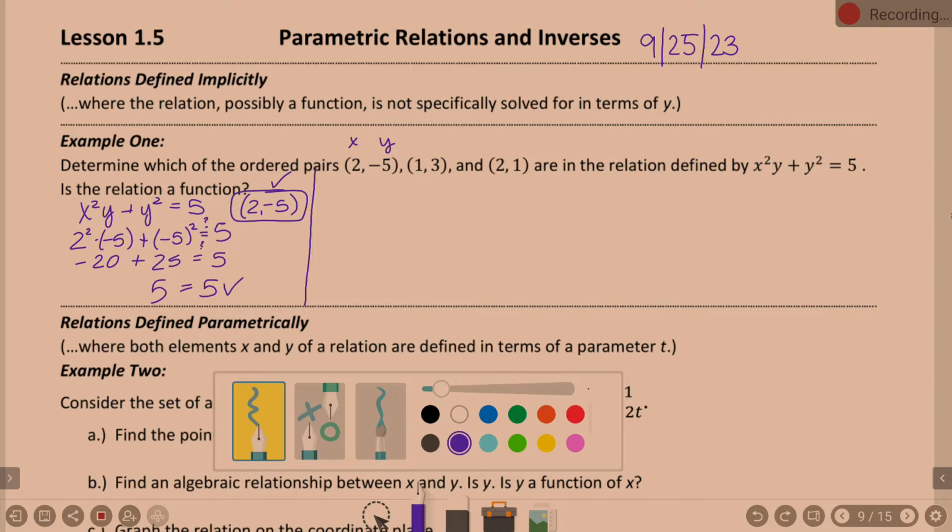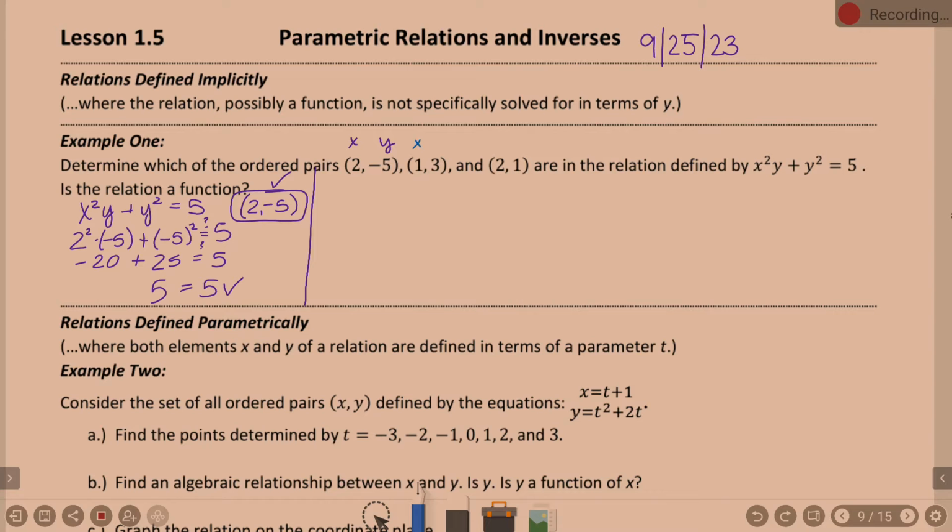Let's try another one: 1, 3. Same thing. The equation is x squared y plus y squared equals 5. We want to know if it works. So 1 squared times 3 plus 3 squared, and the question is, does that equal 5? 1 squared is 1, times 3 is 3. 3 squared is 9.